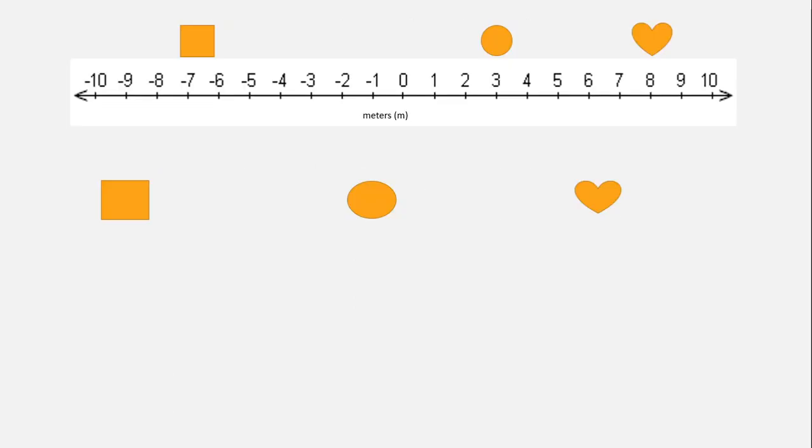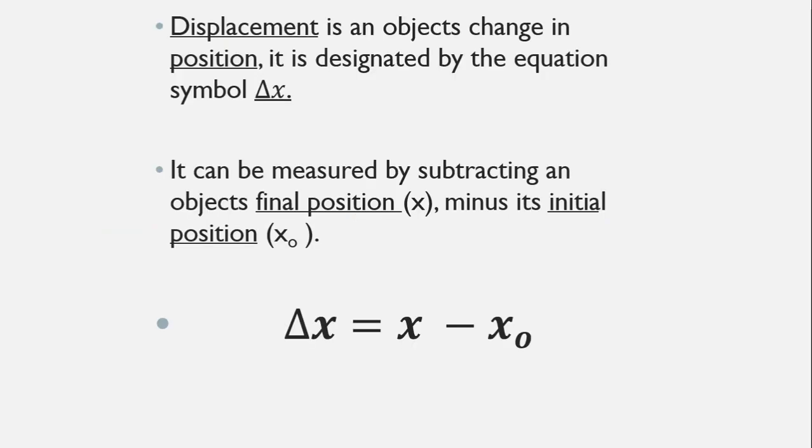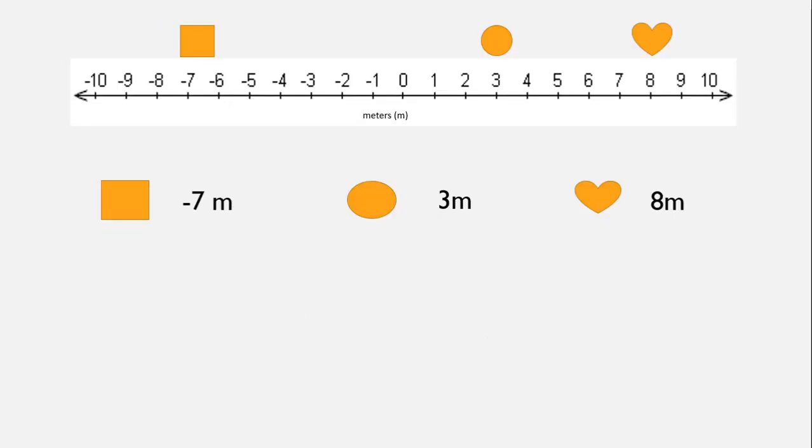All right, so in this example, we're looking at displacement. If you start at 0, then the block right here is minus 7 meters from 0.